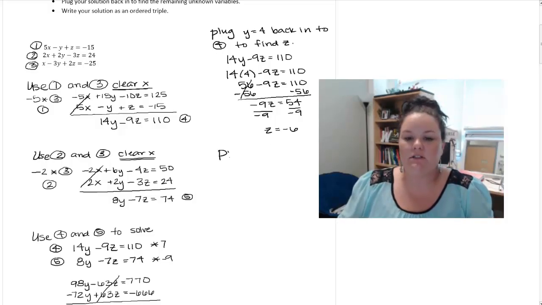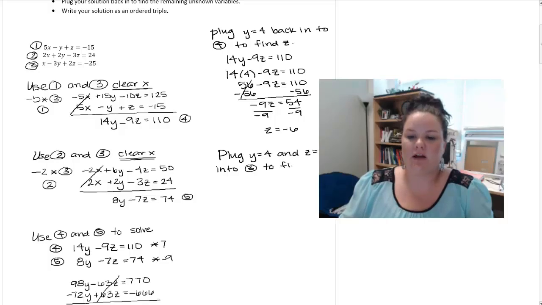So I am going to plug y equals 4 and z equals negative 6 into equation 3 to find x. So equation number 3 is x minus 3y plus 2z is equal to negative 25. So I don't know x, but I know y is 4, and I know z is negative 6.